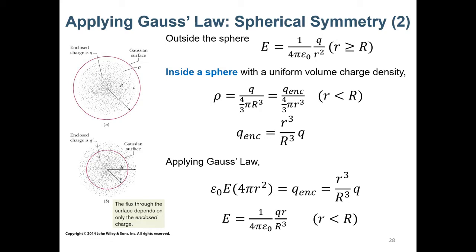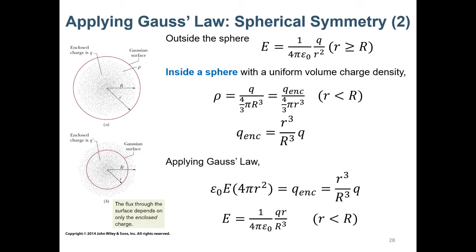So now we assume the simplest case, which is that the charge is uniformly distributed in the sphere. So we have rho to be the charge density, the volume charge density. Now we consider the total charge is Q.